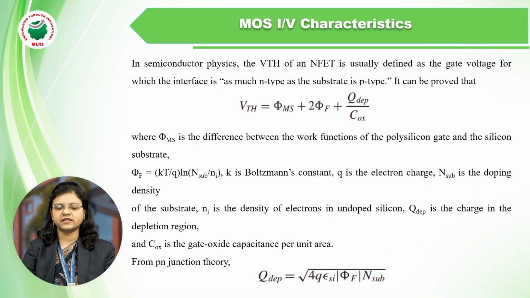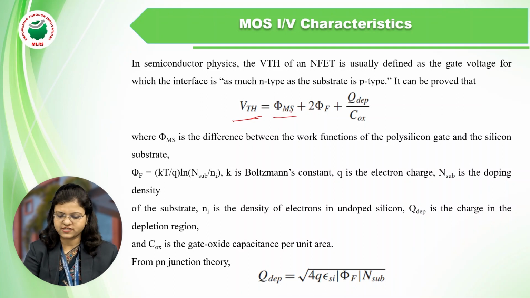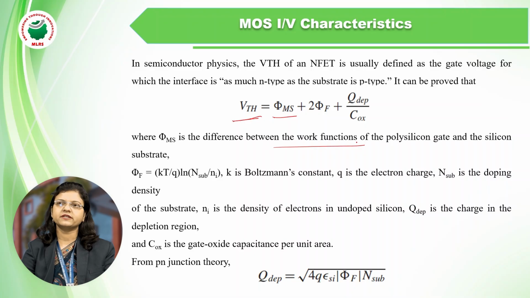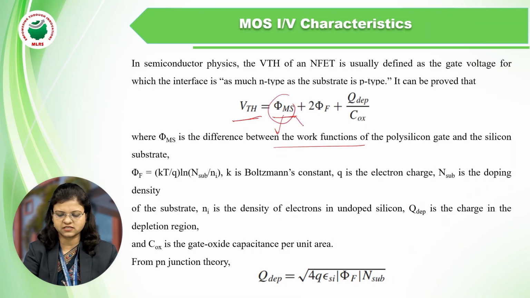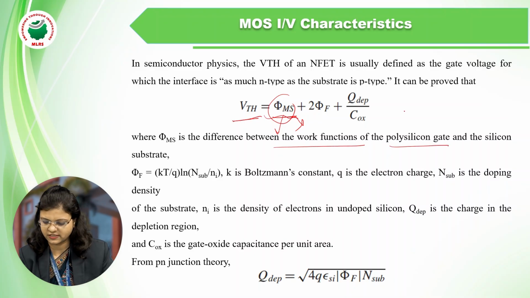Now in semiconductor physics, the threshold voltage depends upon certain parameters. Here VTH depends on phi ms, which is nothing but the work function. Work function is the energy required to pull electrons from a material or metal. Here phi ms is the difference between the metal and the silicon substrate, that is the polysilicon gate.